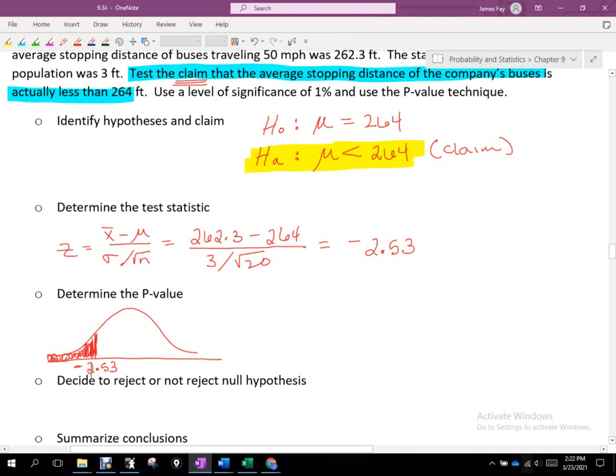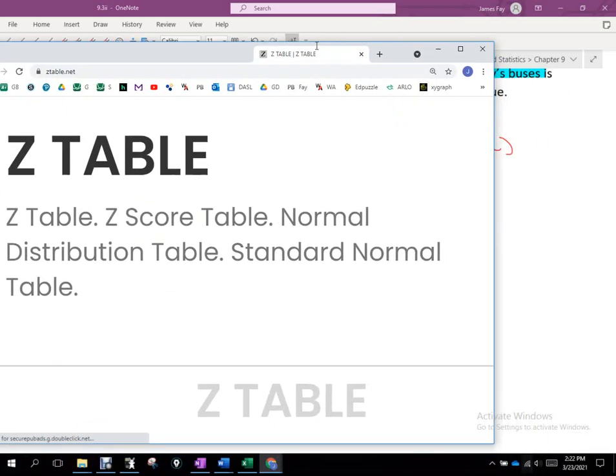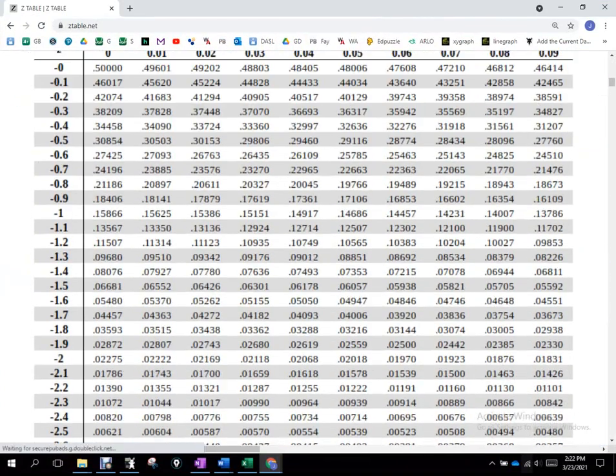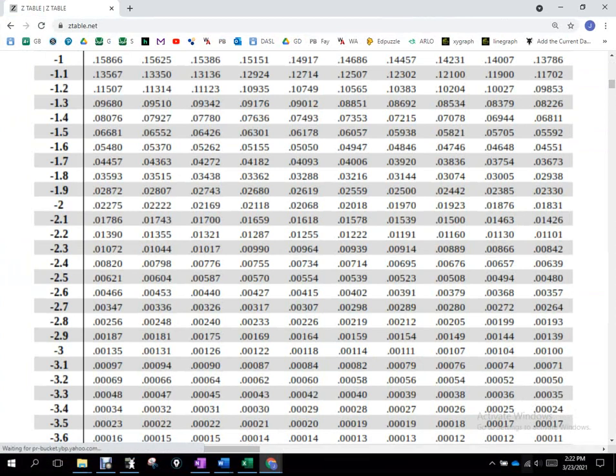So there's a couple different ways of doing that. We can go to a z-table. Okay, we've seen this multiple times. Go to negative 2.53, so it'd be this box right here, and we get 0.0057.